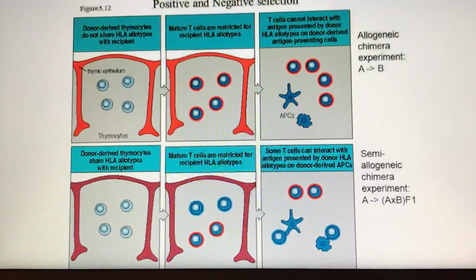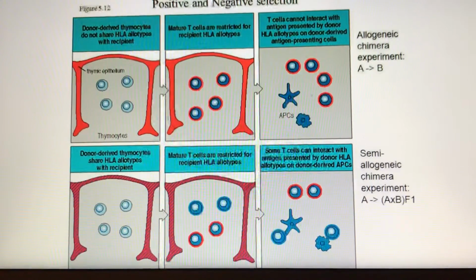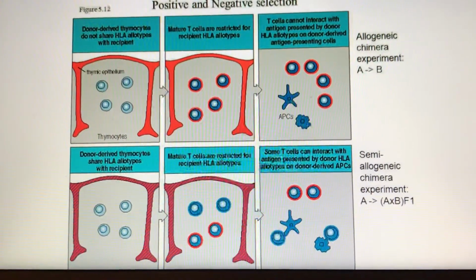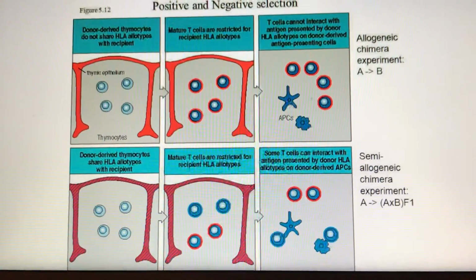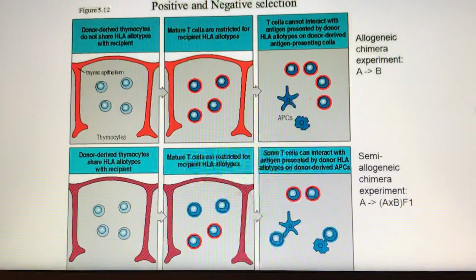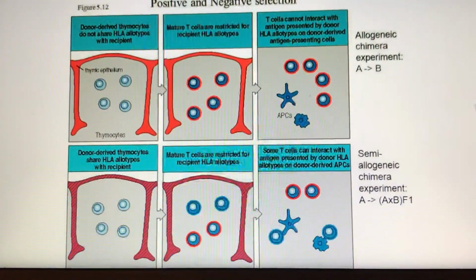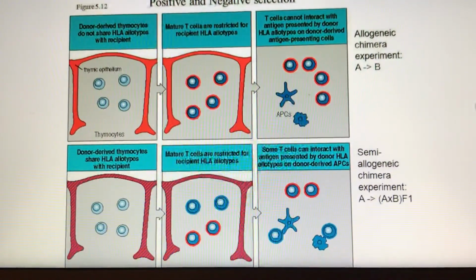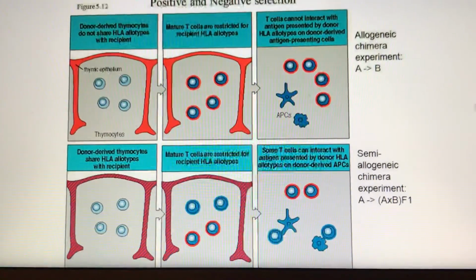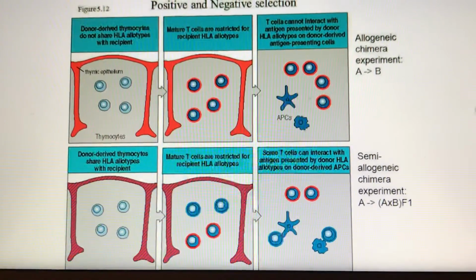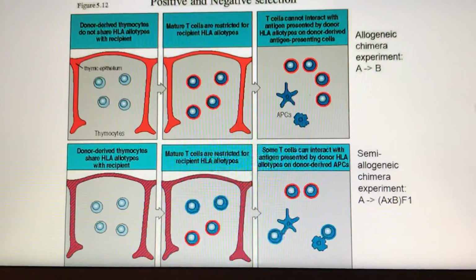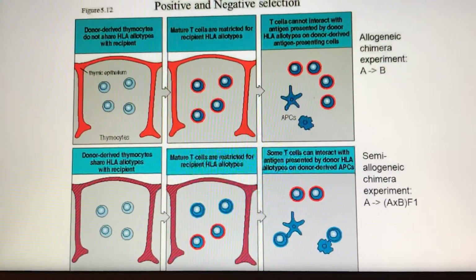Going on to the kinetic signaling model, this shows us a strength of signal. When we see a CD4 positive, 8 positive, we see an engagement signal of the CD8, and so then it becomes a CD4 positive 8 negative.